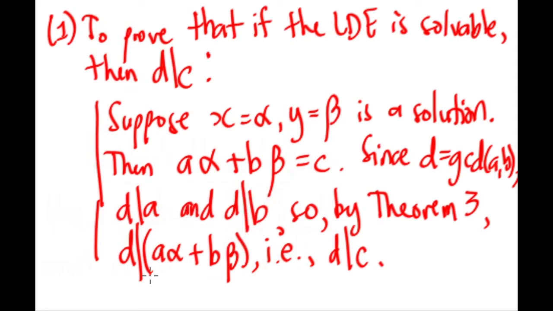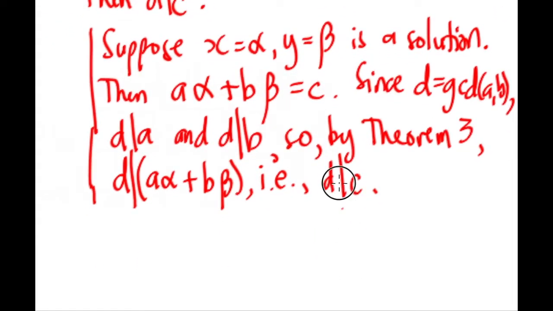So by theorem 3, linear combination, since this is equal to C, therefore D divides C. Okay, that's the end of theorem 1. I'll just put a line to say that it's under one proof.